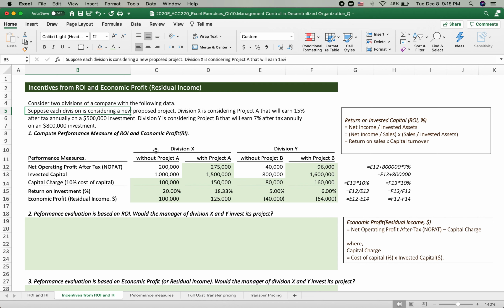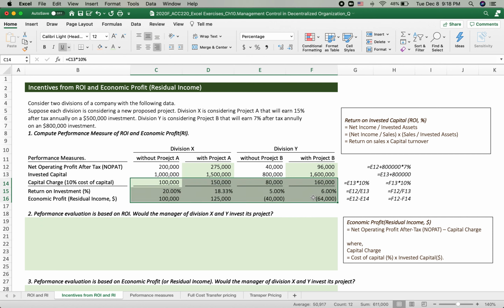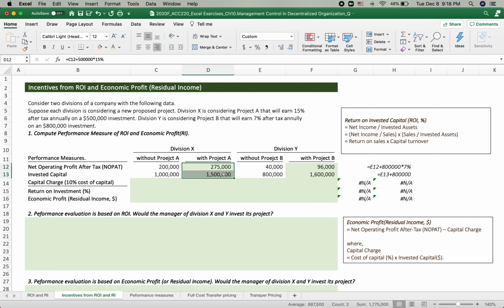We have X and Y division without, let me remove this first. Then let's restart. We have a division X and Y without project A and with project A, so that we can get the insight about these incentives.